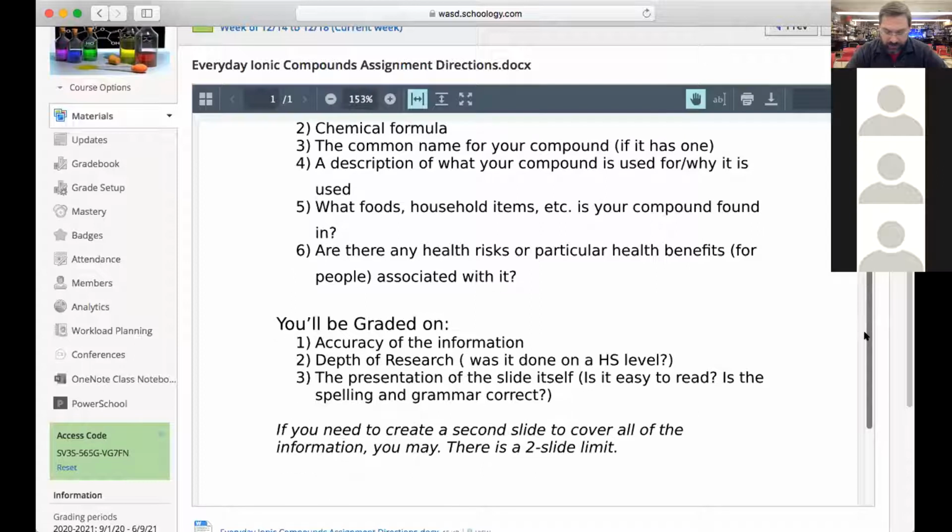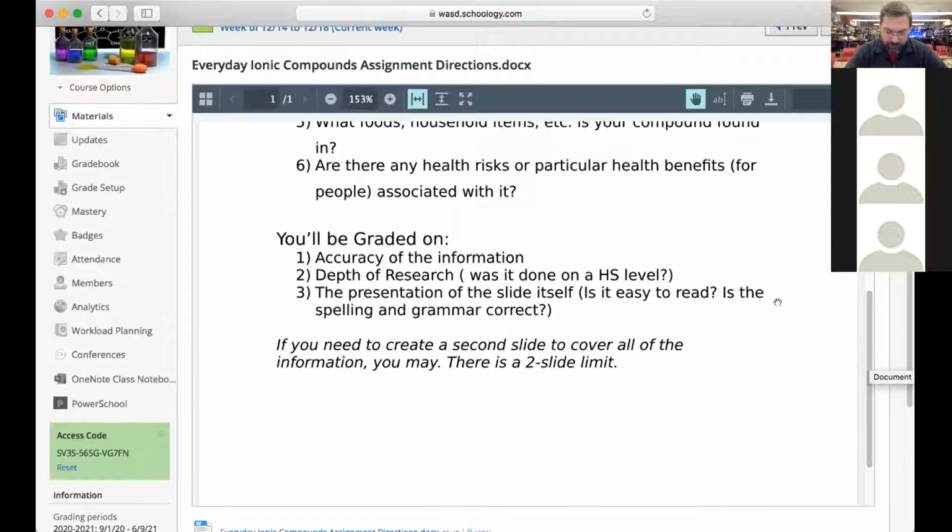So the thing about health risks or particular health benefits, sometimes things actually do have a health risk. And what you might read is that if you take too much of it, it could be risky. So for instance, regular table salt, you have to have salt in your diet. It is necessary for you to intake salt.